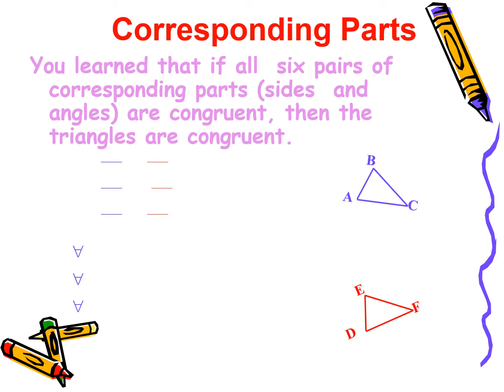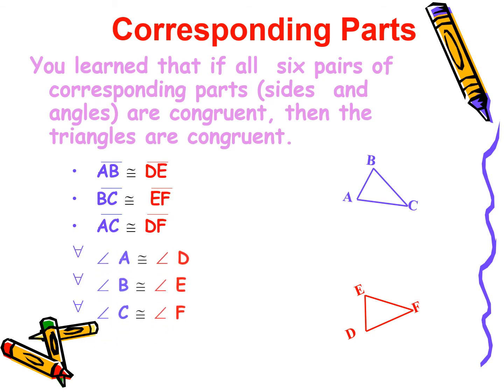You have learned that if all six pairs of corresponding parts, that means three sides and three angles, are congruent, then the triangles are congruent. Like in this slide, we have triangle ABC and triangle DEF. If side AB is congruent to DE, BC is congruent to EF and AC is congruent to DF, and what about the angles?